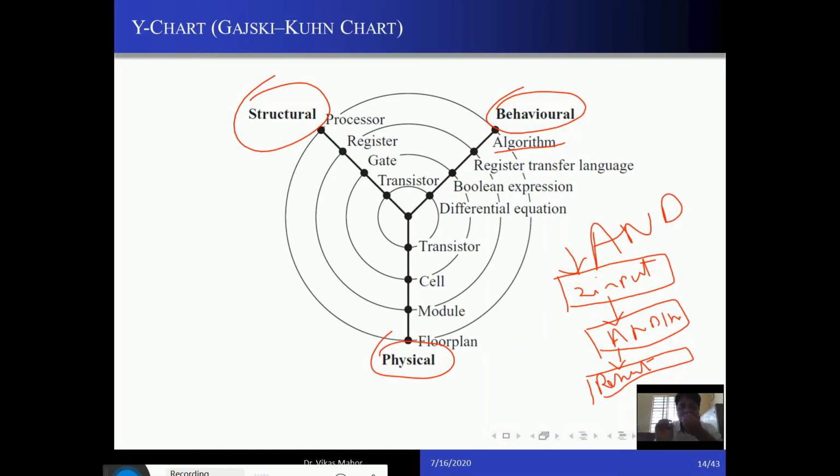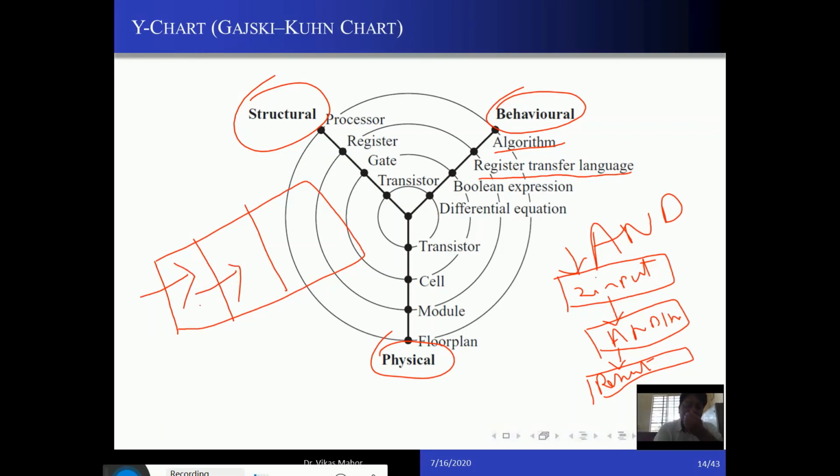Next, you can give the register transfer language. I'll explain this when we go to the fifth unit, but broadly, if you are designing an IC, you can design the signal flow graph of it. First the input signal will come here, then the supply you will give here, then the output signal will go from here.